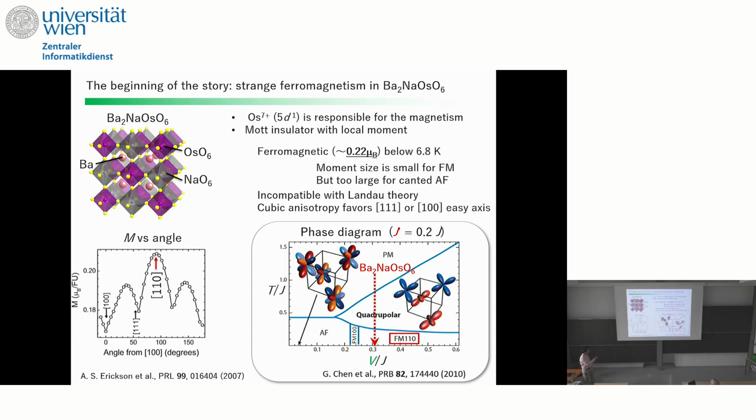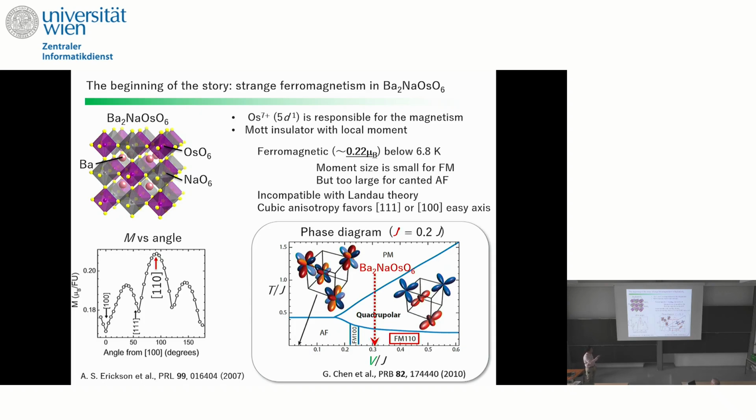Another strange thing was found in the magnetic anisotropy. Here is the angle dependence of magnetization. This compound shows maximum magnetization when the applied magnetic field is around the 110 direction.